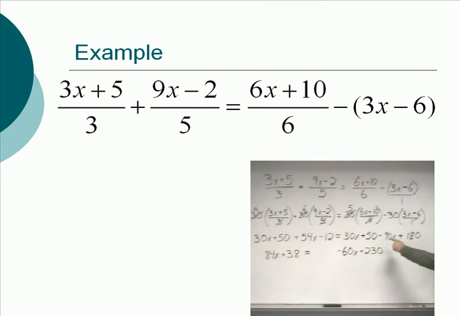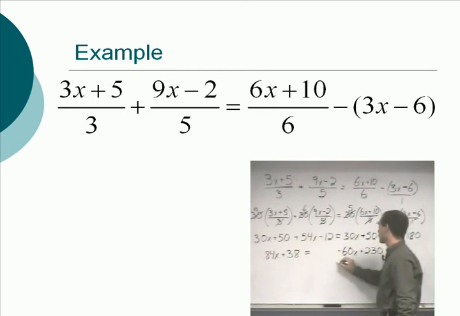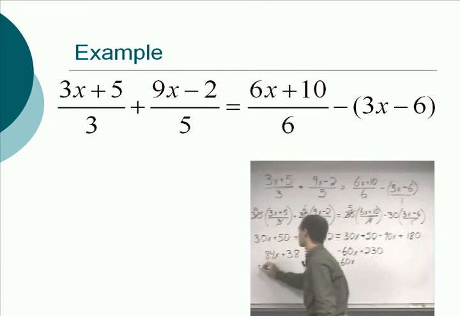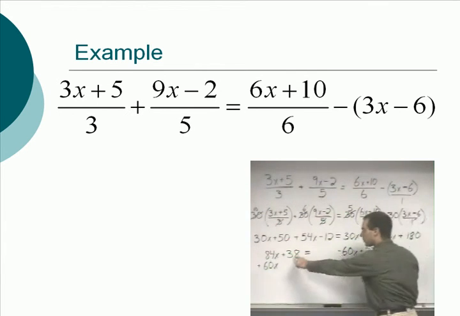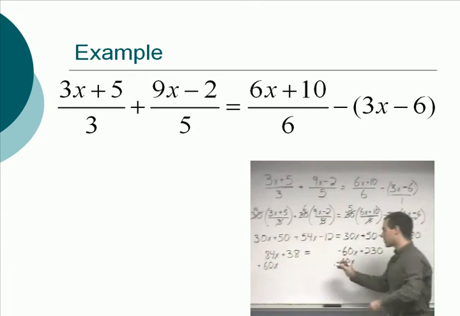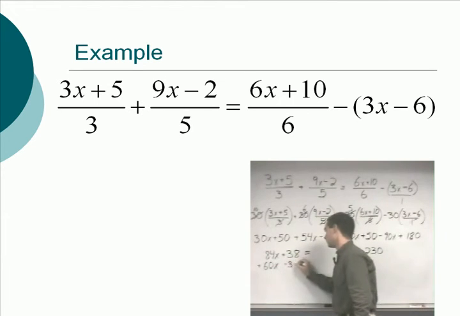Okay, we'll shuffle our 60x's to the left. Once you've got the hang of these, I'm going to do this now to save a little bit of space. You can kind of combine steps here. You can move that 60 to the left and move the 38 to the right all in one step. So I'll just subtract 38.